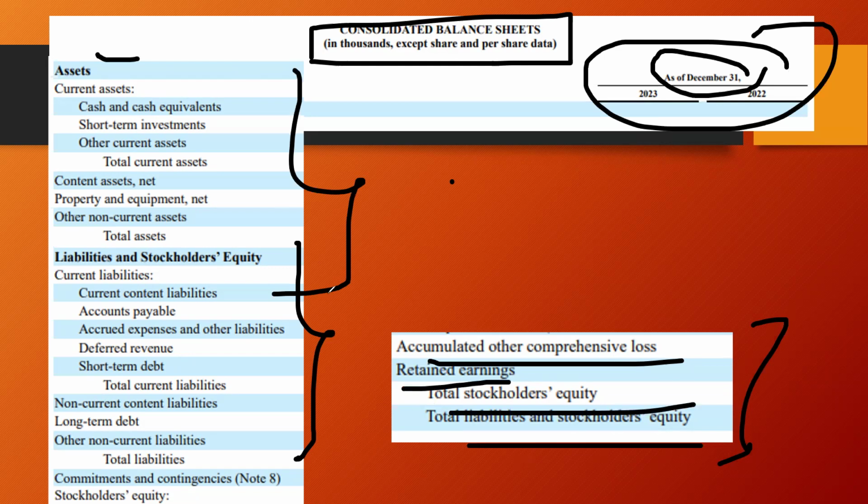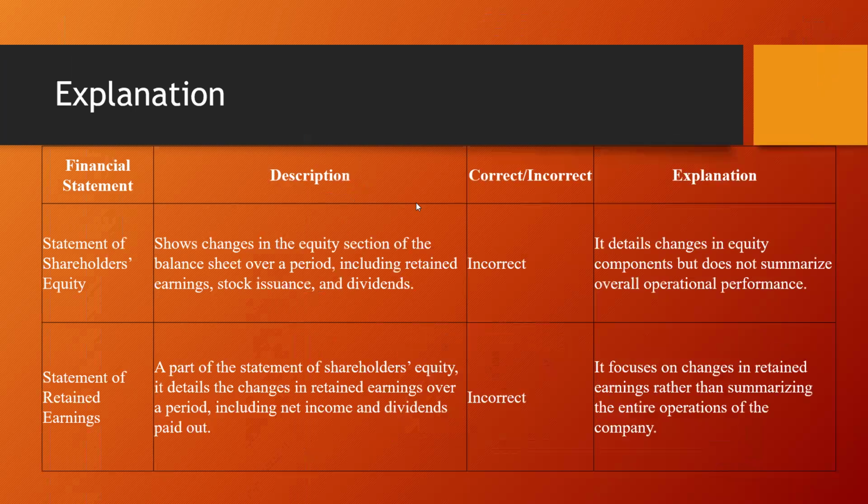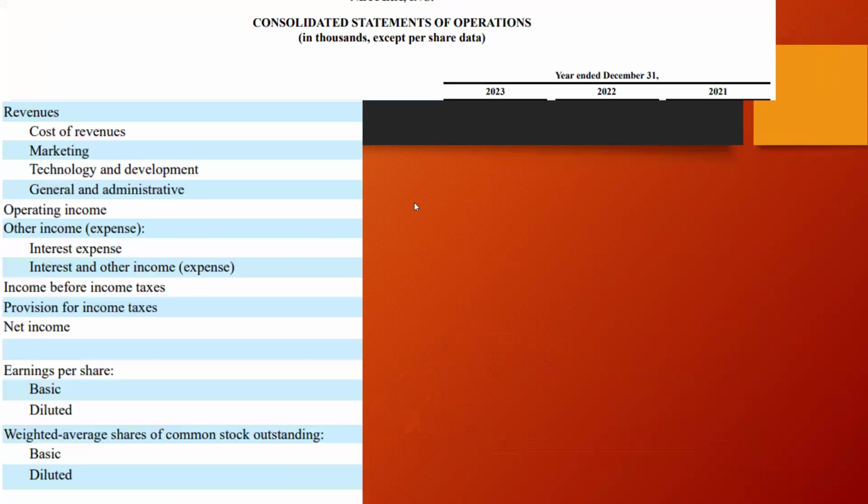So this is the balance sheet. You can pause it and check it, or you can look into anyone's financial reports, like the annual report or Form 10-K. Yeah, 10-K, that will be the correct thing.